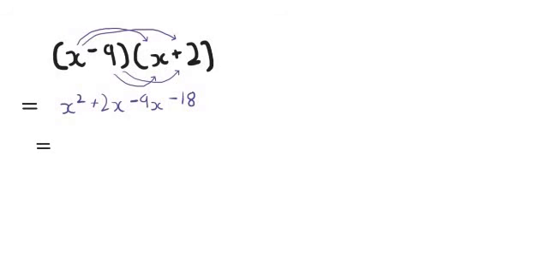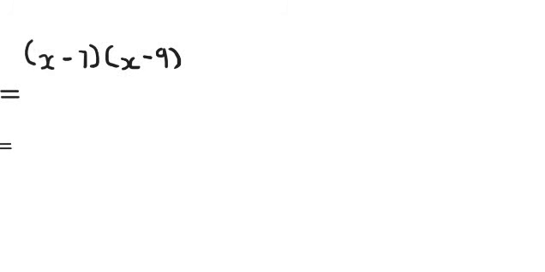Now you have to simplify it. So, as usual, x squared cannot be simplified. But the plus 2x and the minus 9x can. So it will be minus 7x. Then take the minus 18 and make it minus 18. And this is the final answer.